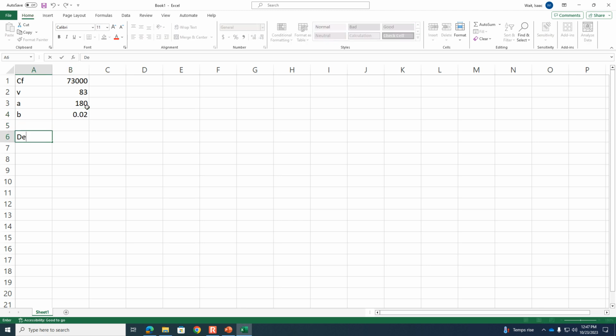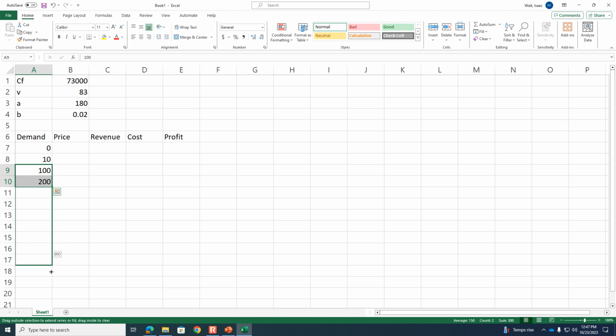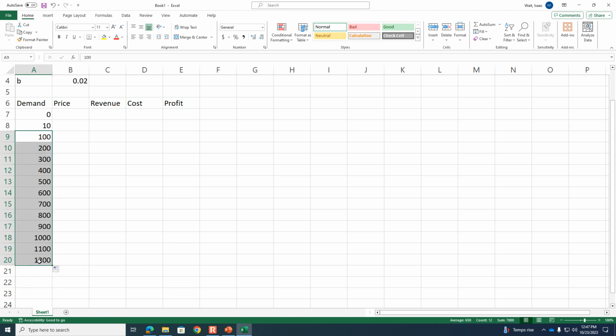Okay, so demand, price, revenue, cost, and profit. So for the demand, we just have to put in some guesses of how much demand we want to have. At the outset of a problem, we may not know exactly how many units it's going to take to get through the entirety of the range of profitable demand.